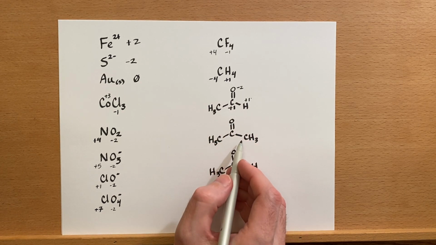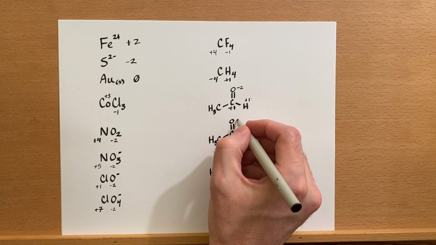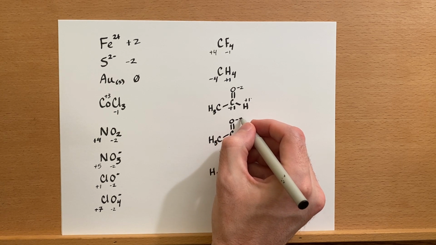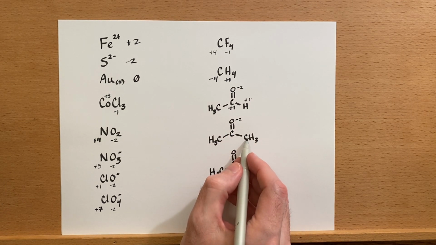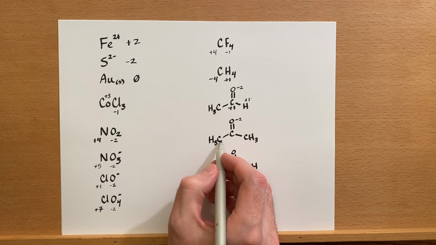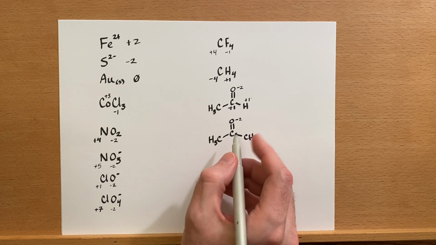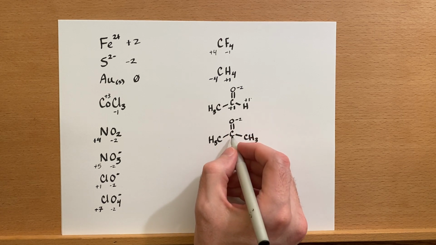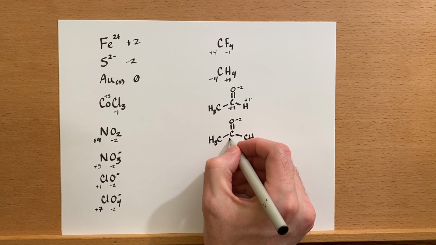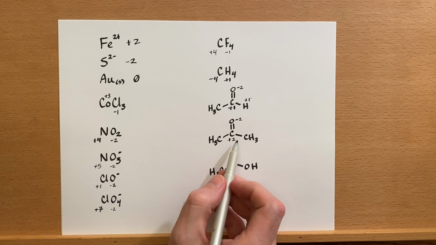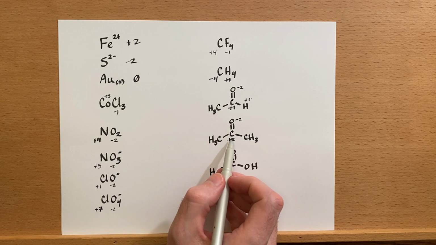Now we drop down to here, and we still have this oxygen here, causing it to be a -2 up here. But now we have a 0 over here, and we have a 0 effect over there. And so the only thing that can counteract that -2 is this carbon right here. That's going to be +2 now. So this is a little bit oxidized from an aldehyde.